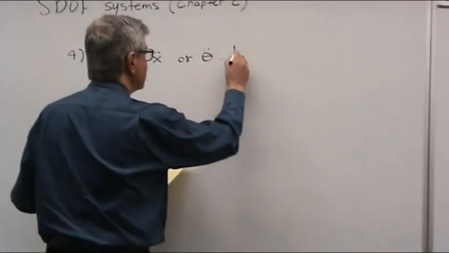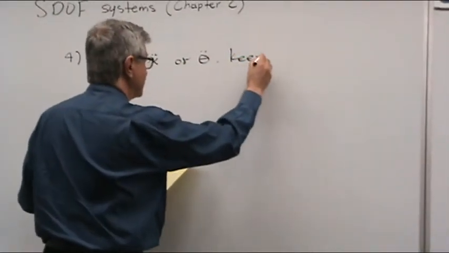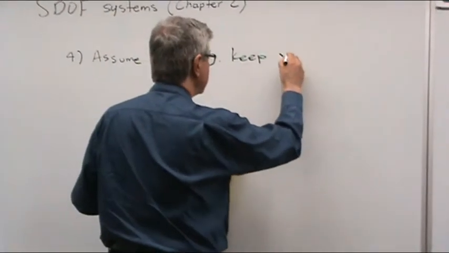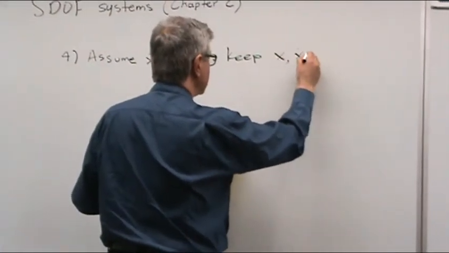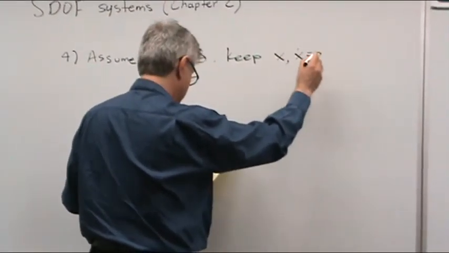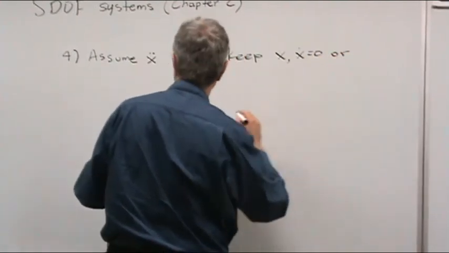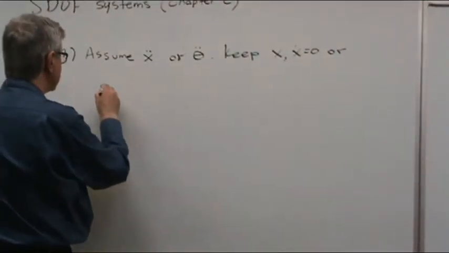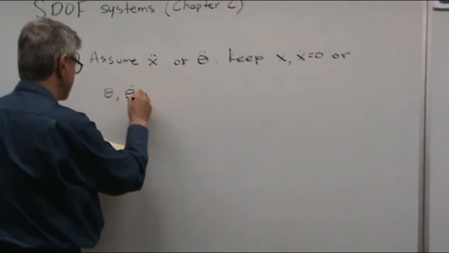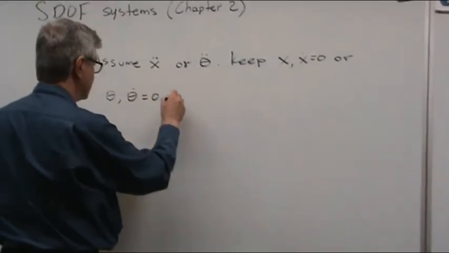You keep the displacement and the velocity zero, or theta and theta dot zero.